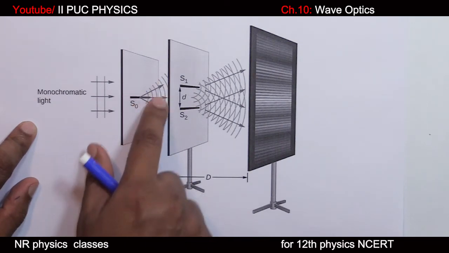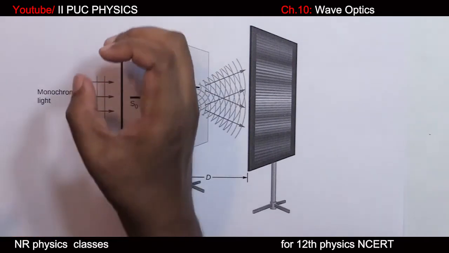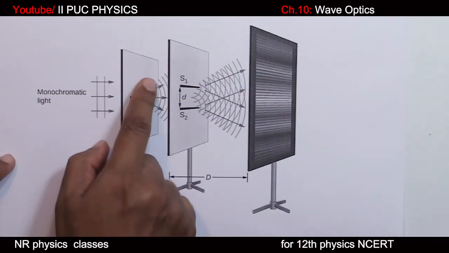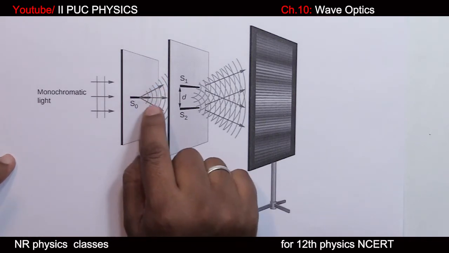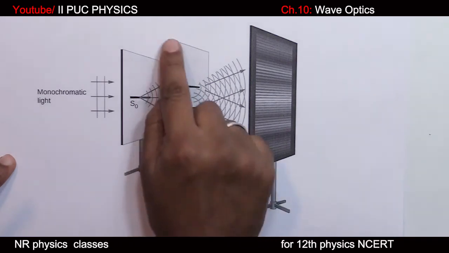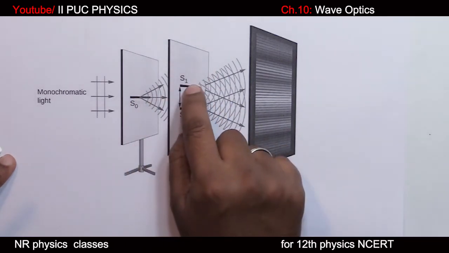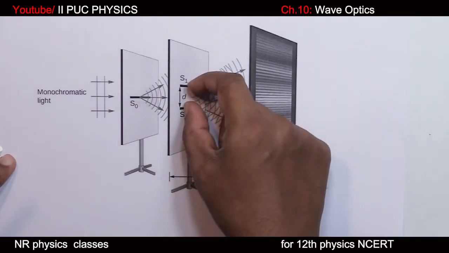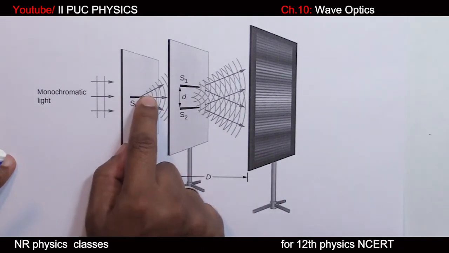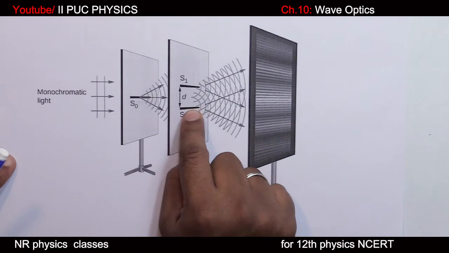So these are cylindrical wavefronts. A cylinder observed from above looks like a circle. So that's why it looks like a circular wavefront, but actually these are cylindrical wavefronts. Second cardboard with two slits S1 and S2 separated by a small distance d. This light emerges through these two slits.